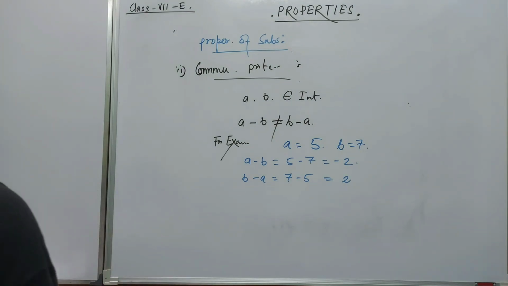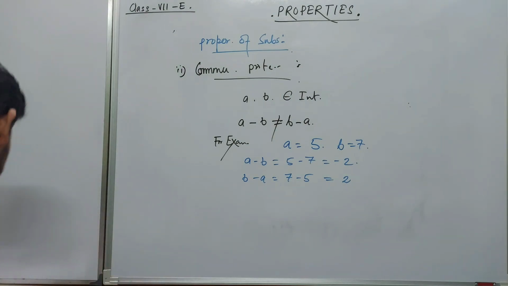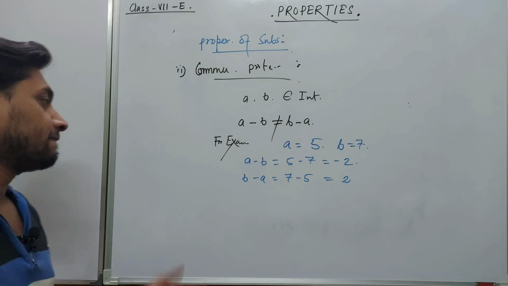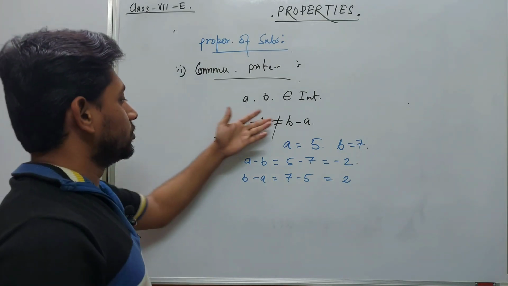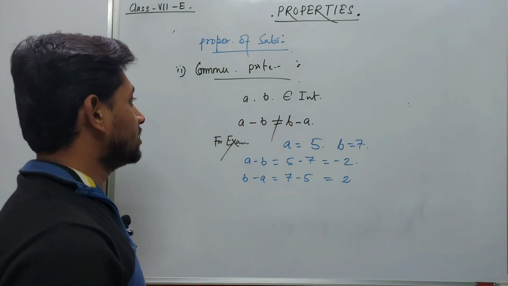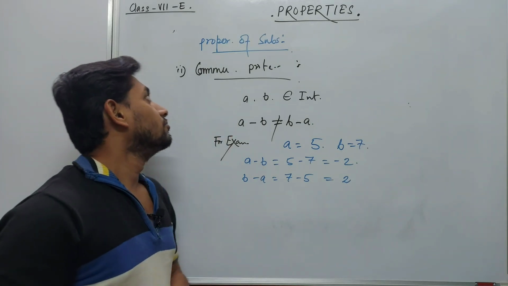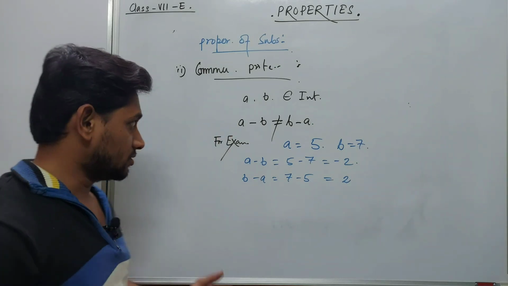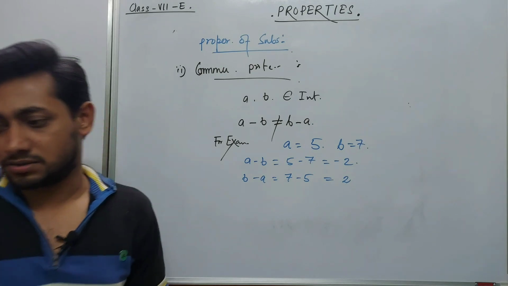That is, in subtraction of integers, the commutative property does not hold. Okay, here we can say the commutative property does not hold in subtraction. Okay, next part.